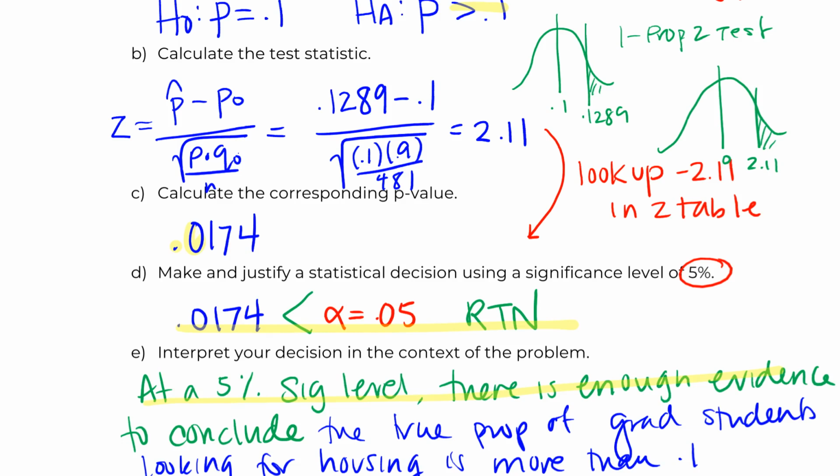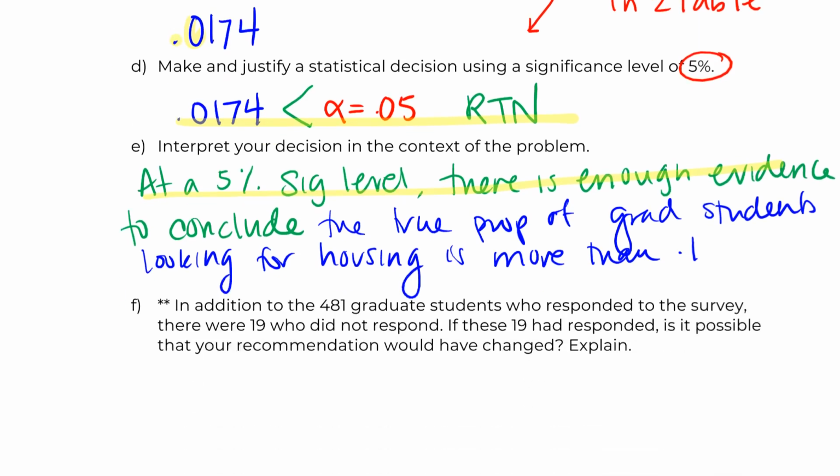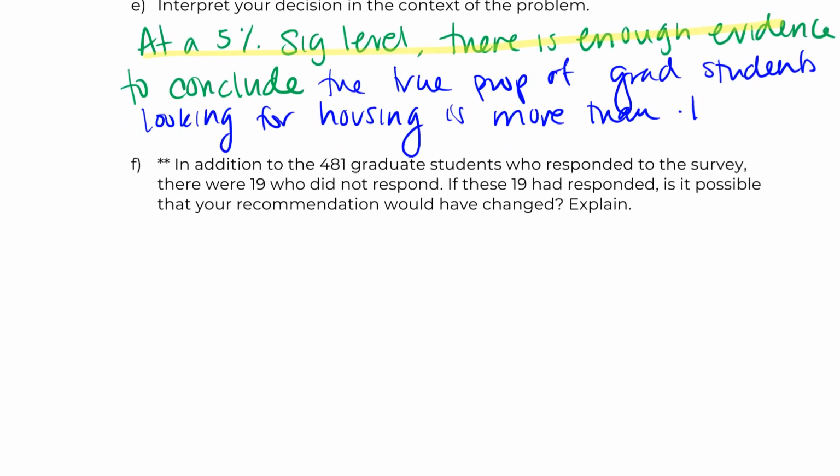So the last piece here was the most challenging, and you can see the double star, it was extra credit. In addition to the 481 graduate students who responded to the survey, there were additional 19 who did not respond. If those 19 responded, would the recommendation have changed? So right now, my recommendation is to increase housing, right?